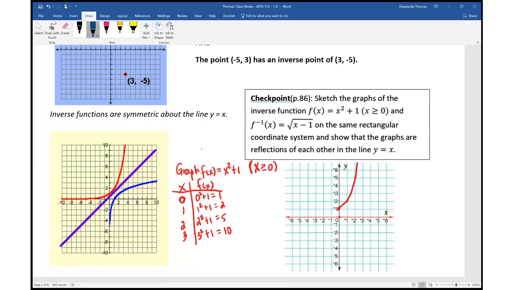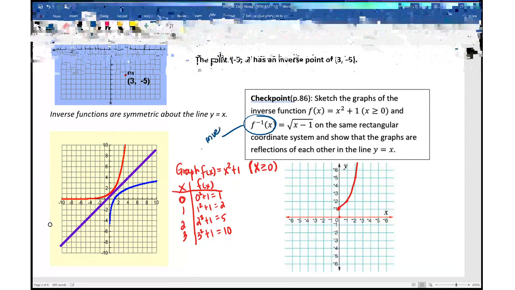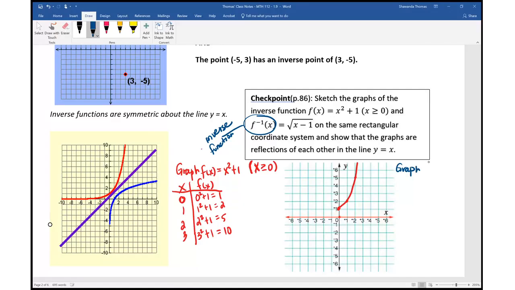So this is the notation for inverse function. It's telling us that it is the inverse of the one we just did. So let's graph the inverse function, square root of x minus 1. Now, as far as the square root function is concerned, what is the domain?